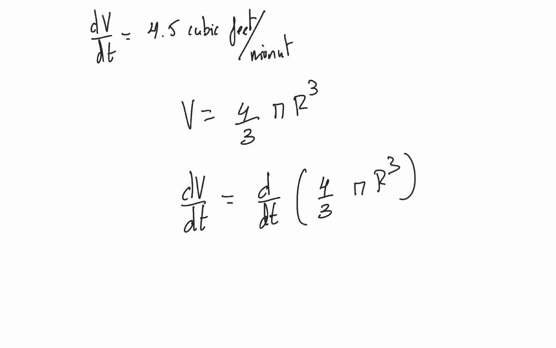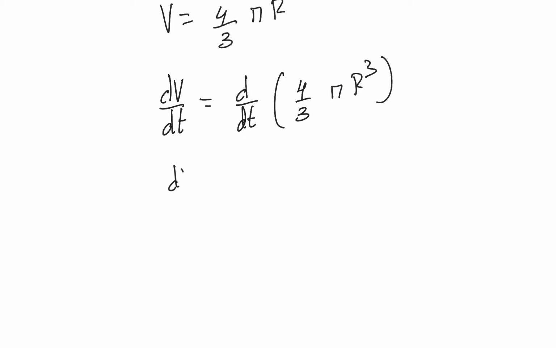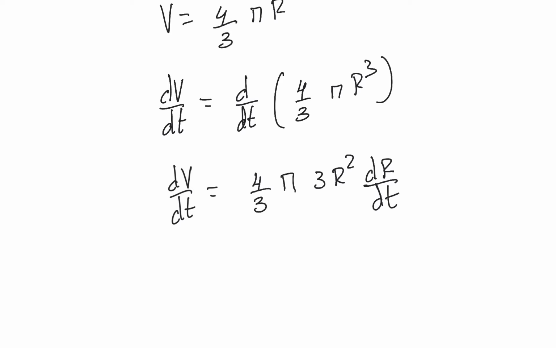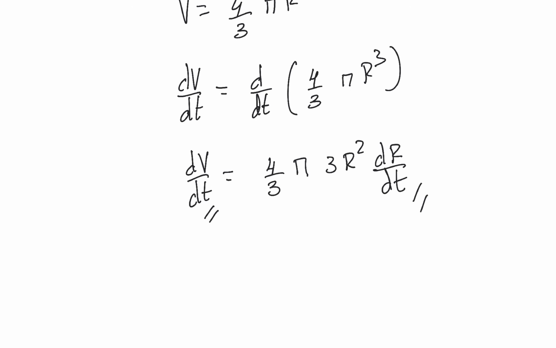So the change in the volume with respect to time will be 4/3 pi times the change with respect to time of r cubed, which is 3r squared multiplied by the derivative of r with respect to t. We know that the change in the volume per unit of time is 4.5.